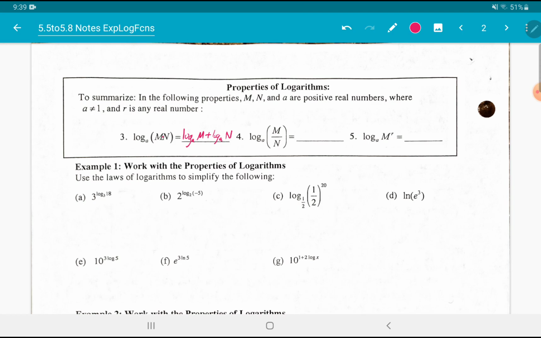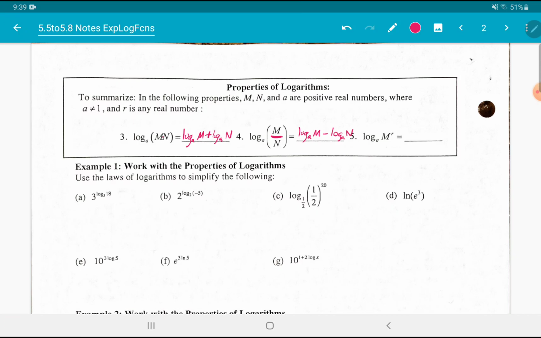Log base a of m divided by n, if you need to recall, you can always go back to the previous page, but the property that you now see is that when you see a division sign contained within the parentheses, you can again split it up into two separate logs: log base a of m minus log base a of n.